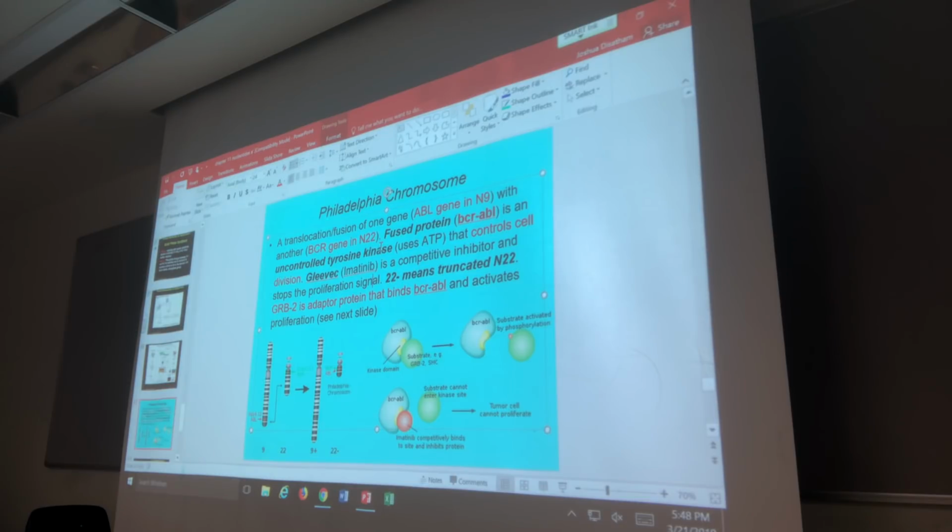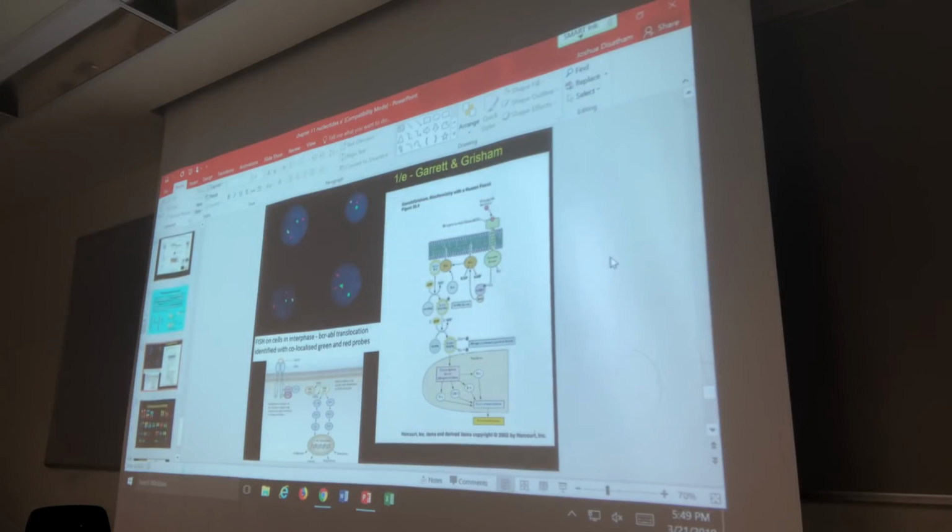However, due to the Philadelphia chromosome, this accidental fusion of genes, creating a gene that normally doesn't exist, you create a kinase that goes and phosphorylates everything everywhere all the time. So the cells that this Philadelphia chromosome is in are going to end up replicating over and over and over again non-stop. We know that that condition is associated with cancer, and that is indeed what the Philadelphia chromosome leads to. It's some type of blood cancer.